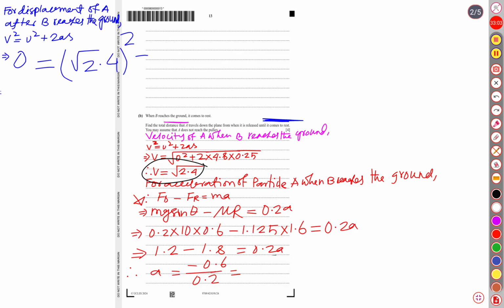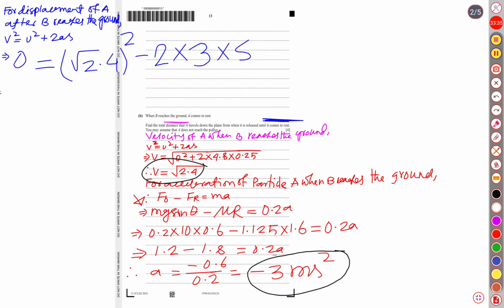It will be negative acceleration, I mean deceleration, equal to minus 3 meter per second squared, which was the acceleration, I mean deceleration, when B reaches the ground. Well, so it is negative, the acceleration we have already got is 3, and s is to be obtained.